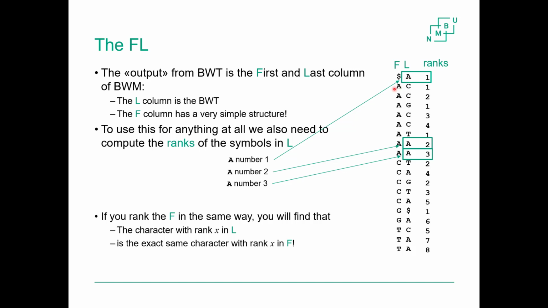So this A and this A is the same A from the reference. And this A here is exactly the same A as this one here. And this applies to all symbols. Go back to the previous slide to reveal why this is the case.